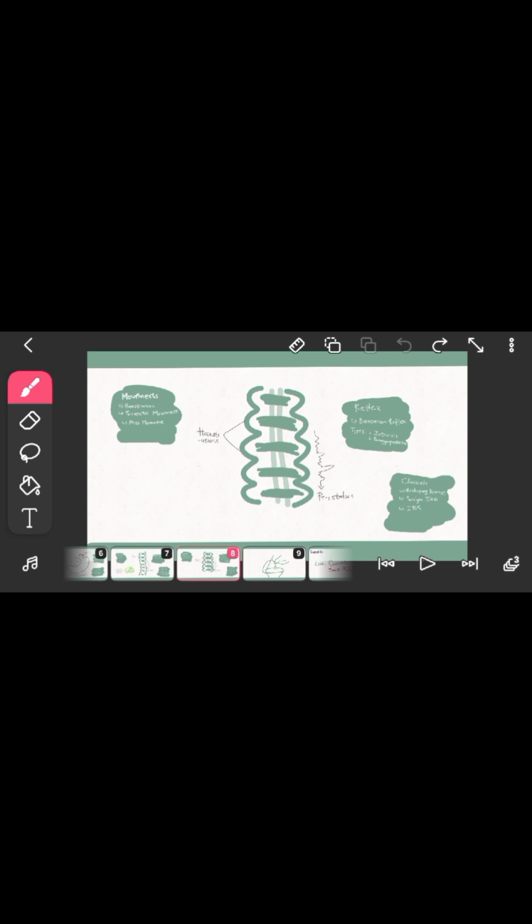The last thing we have to consider here is the clinicals. We have Hirschsprung disease and we have paralytic ileus. This paralytic ileus is more common in the small intestine, and then we have IBS, which is irritable bowel syndrome. I told you irritable bowel syndrome is much more pronounced in the large intestine, right?